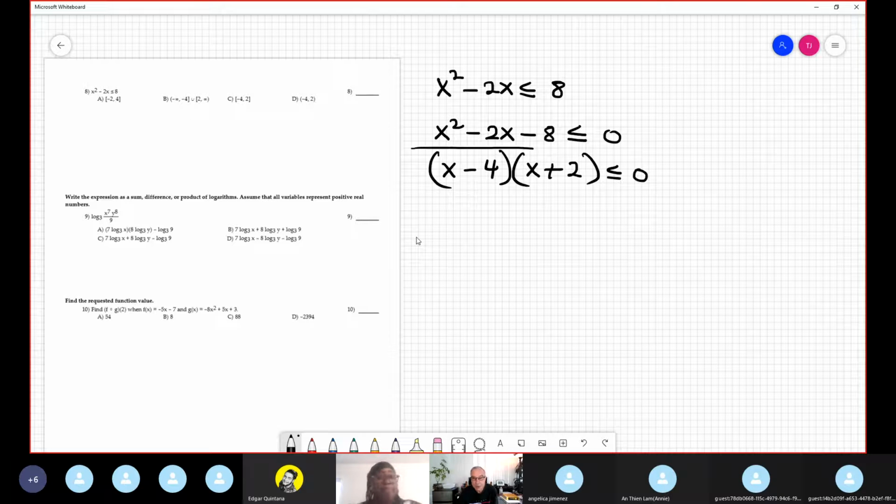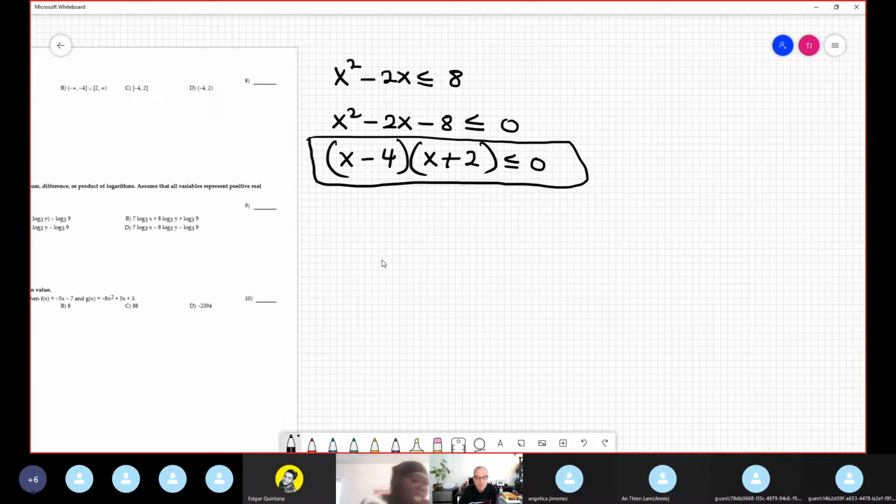Okay, I'm closing the box. This inequality, because it's the inequality I start working now. After that, you determine the critical value. Critical value is the value that you get solving the equation associated with this.